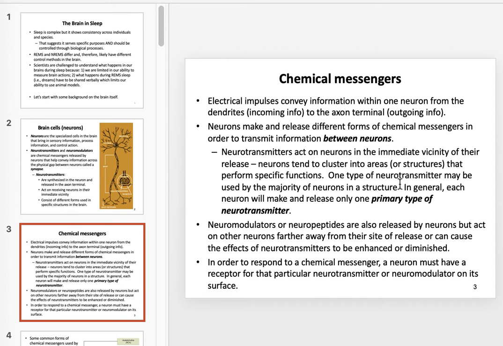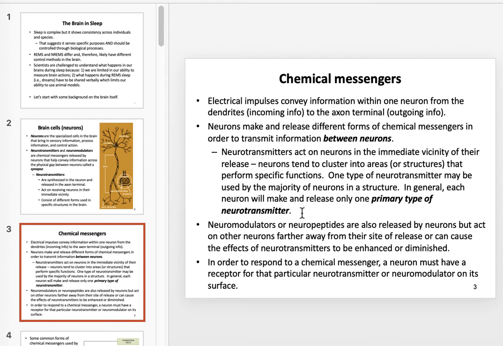Importantly, these chemical messages are only part of how brain cells communicate information. And so neurons, as I mentioned, relay a message through space along the axon electrically. And then when it gets to the end, communicating to the next neuron in the sequence, it's going to release these chemical messengers.